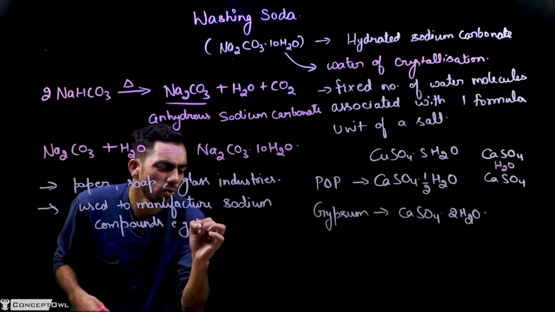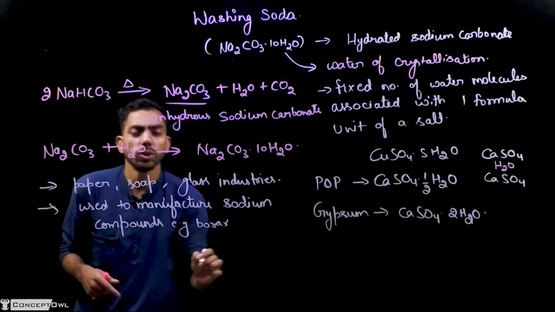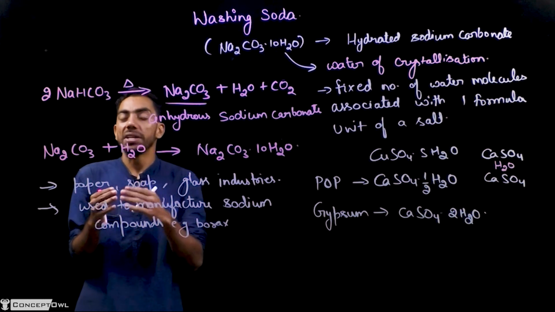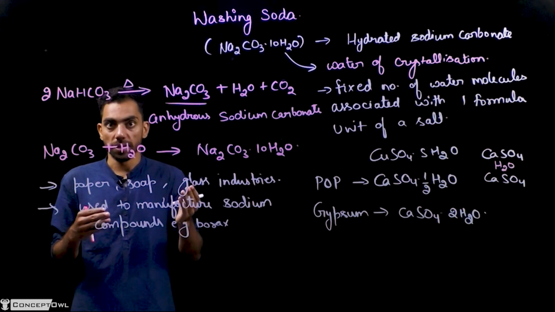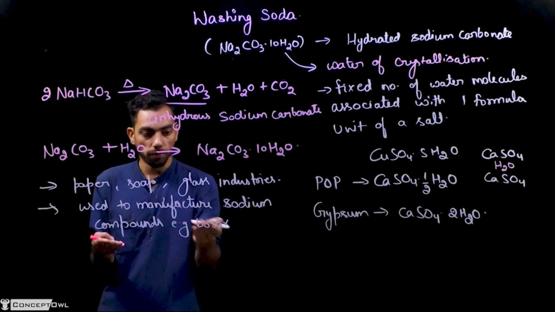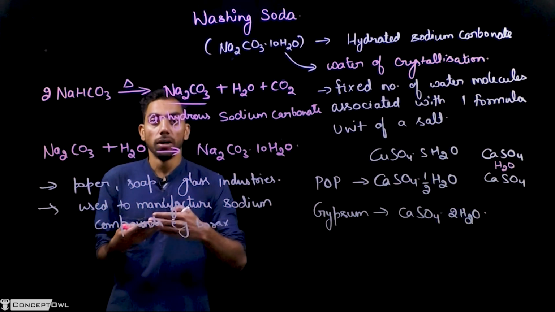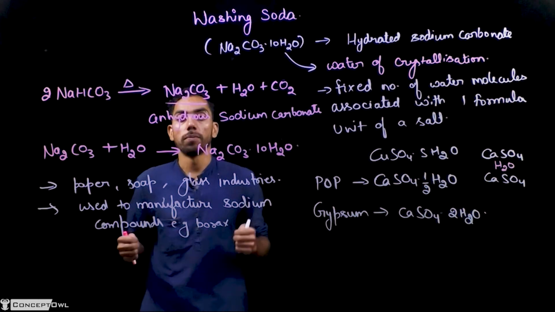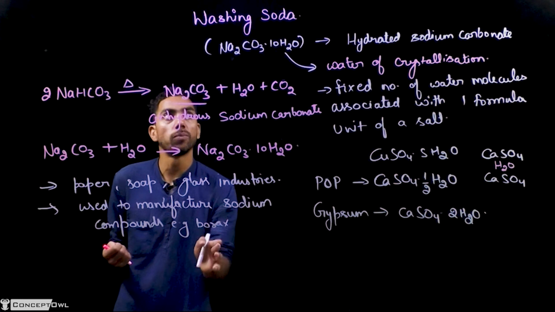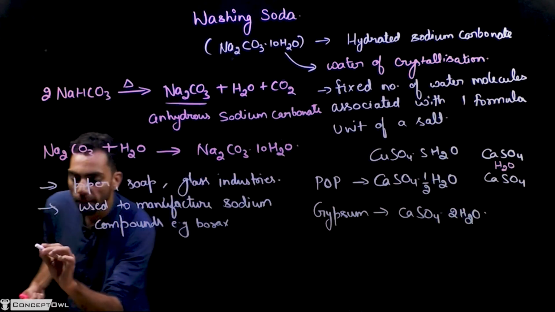An example is borax. So what is borax? Borax is a compound mainly used in cleaning agents. It is generally used for cleaning purposes. You can clean furniture with borax, you can clean the floor also with borax.